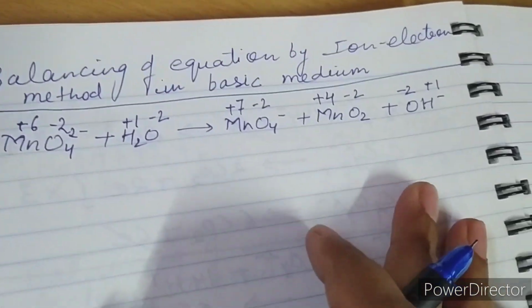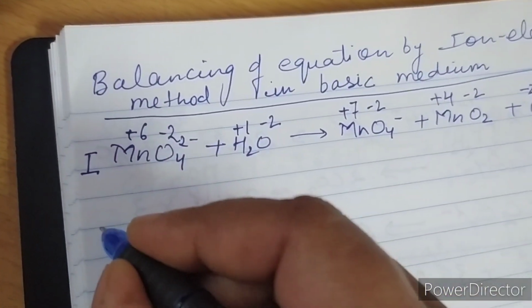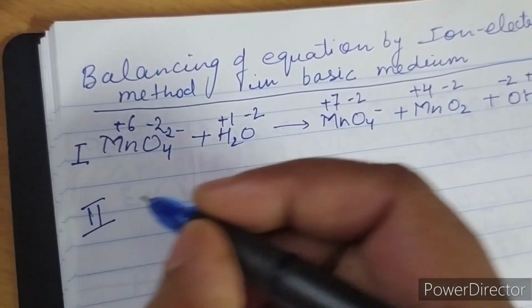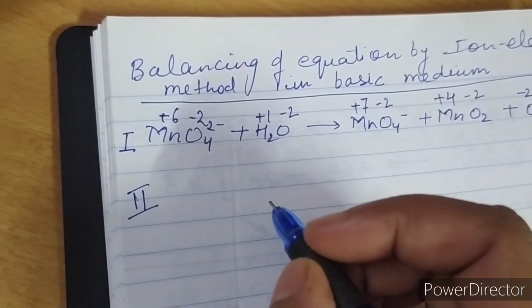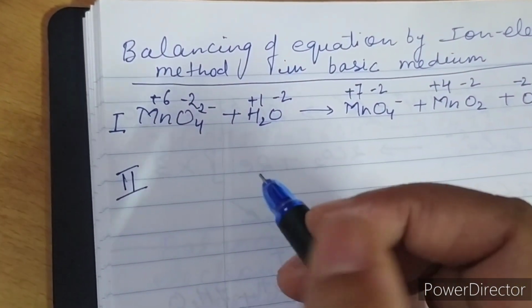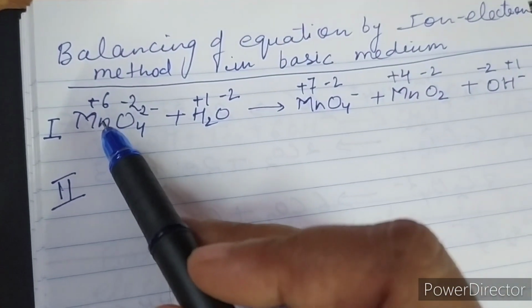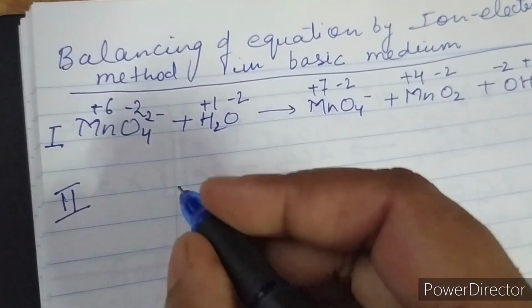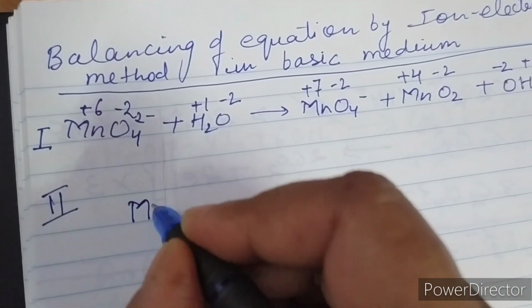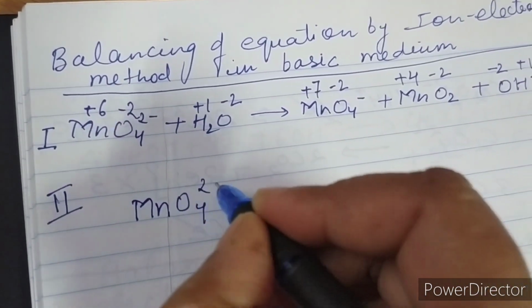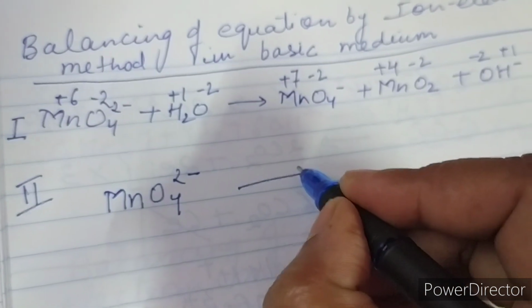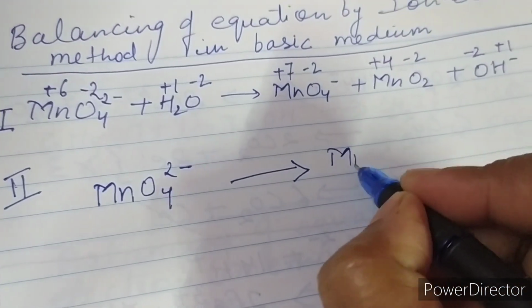So in this step again we have written all the oxidation states of various atoms, and in the second step we will again identify the oxidation half reaction and the reduction half reaction. Now in this step you can see manganese is getting oxidized from plus 6 to plus 7 oxidation state. So this is the oxidation half reaction, that is MnO4 2 negative being changed into MnO4 negative.